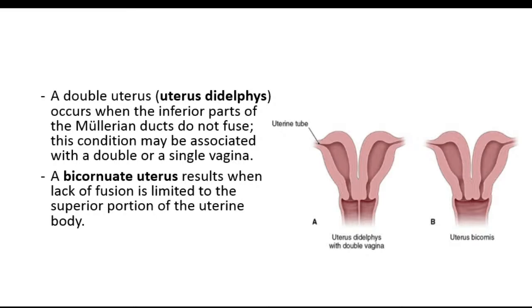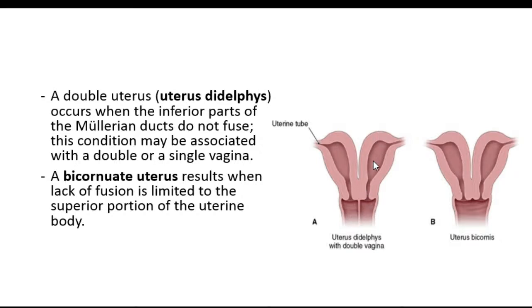This condition may be associated with double or single vagina. Usually it's a single vagina with a septum inside the vagina, a longitudinal septum. Another story is a bicornuate uterus, which results when the lack of fusion is limited to the superior part of the uterine body.